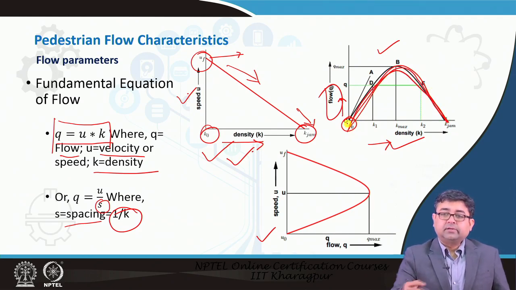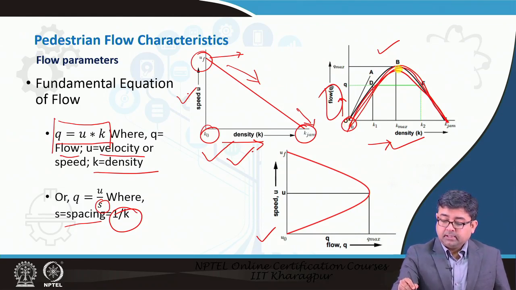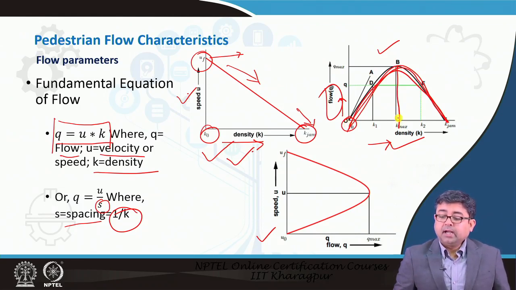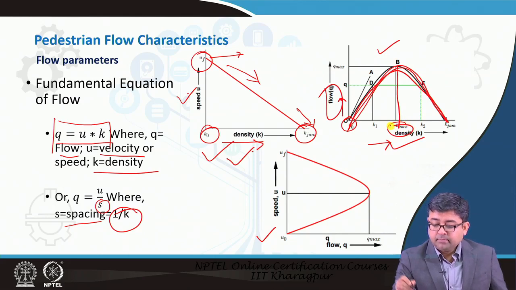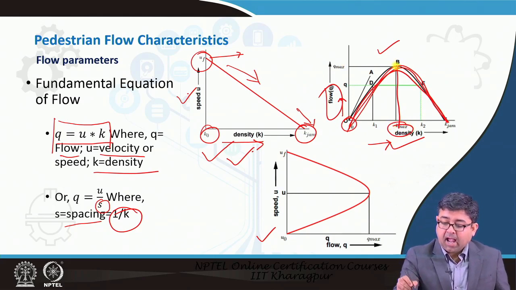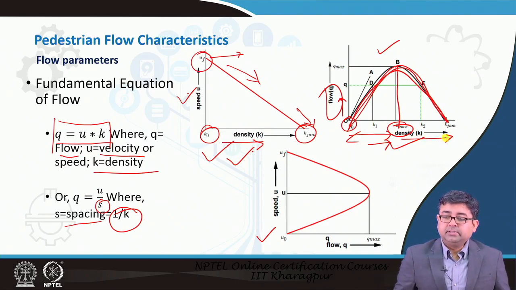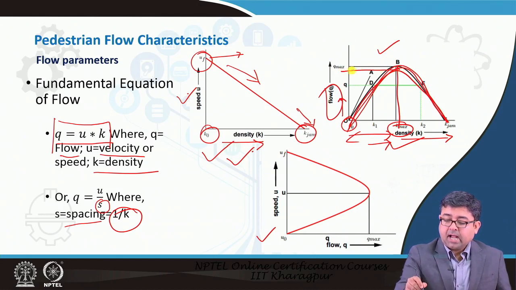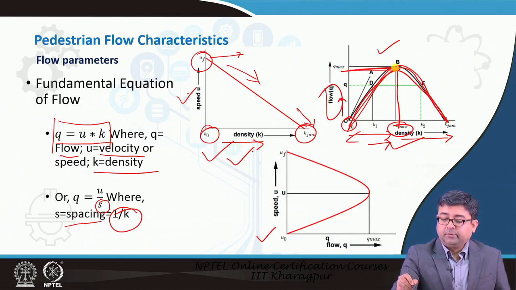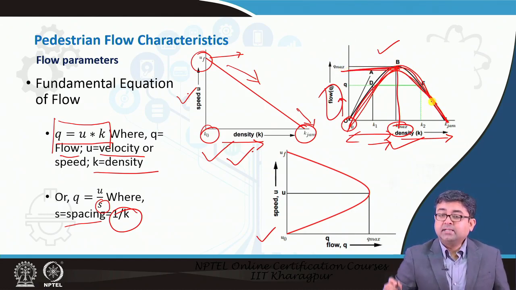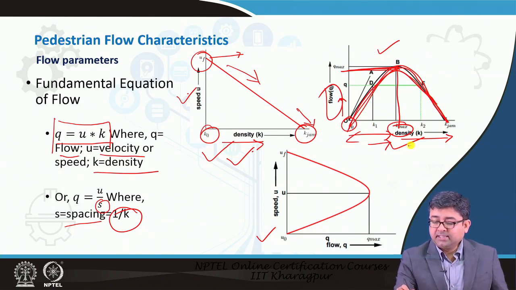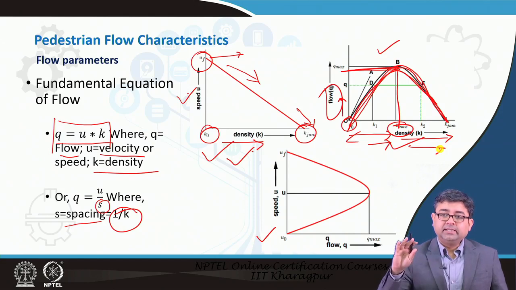As per the characteristics of any parabola, you will see that you will attain maximum flow at exactly the midpoint between jam density and 0 density, right. So, at that point you will attain maximum flow, and then as your density keeps on increasing, your flow does not increase anymore, right.